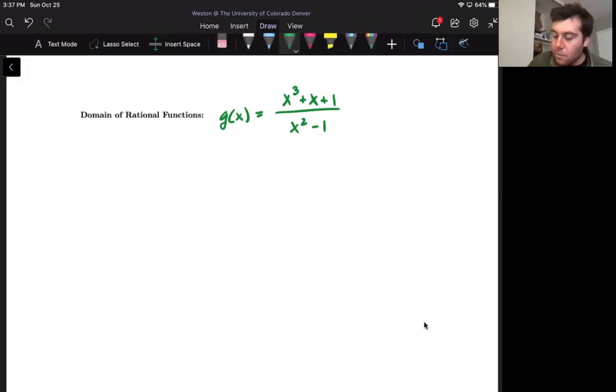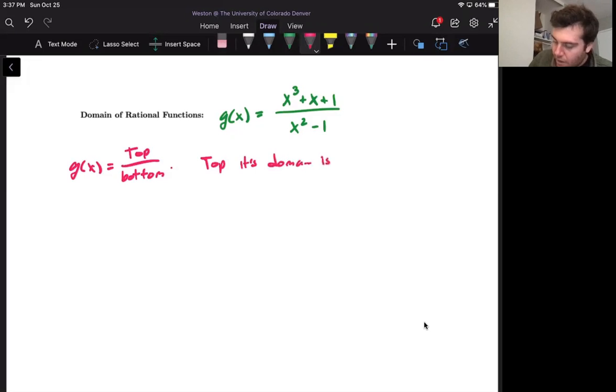All right, so if we're looking at g of x, we can think of g of x as having two parts. G of x has this top part, and it has this bottom part. Now the top, its domain is all real numbers, because for the top, if we're looking at x cubed plus x plus 1, we can plug in anything to that and get meaningful output.